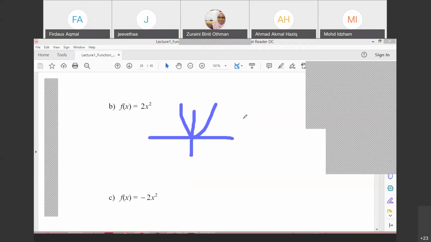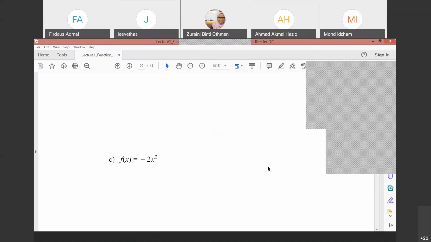Macam tu, stretch kan? Okay, so now when it is negative 2, function yang sama macam atas, what the graph look like? Dia akan terpantul ke bawah dekat y negative, right? Betul? Okay, any question regarding this graph?